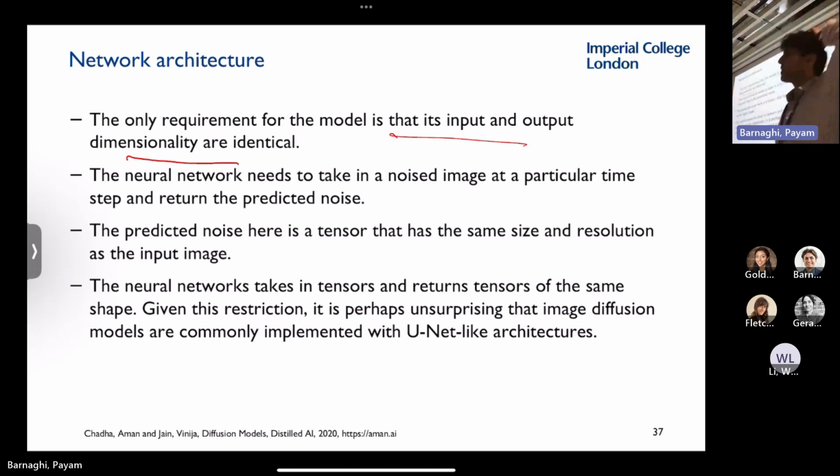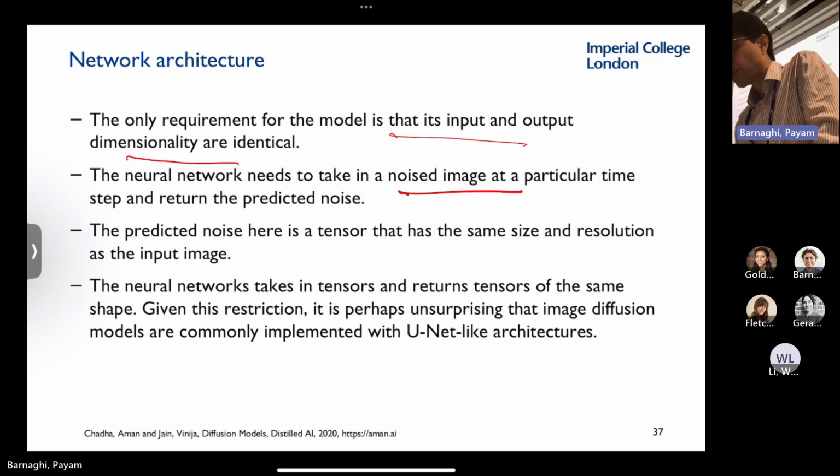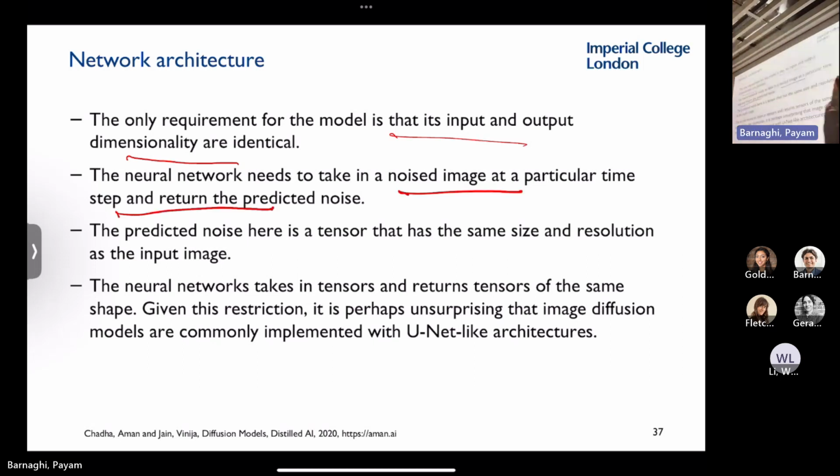Here it is the same. If you're using 100 by 100 images, your output is 100 by 100, and you take it from there. The requirement here is that the neural network needs to take a noised image and basically predict the noise. And you can see now the models which work end-to-end and add more complexities move from different scales to other scales. They are adding some other steps in between.